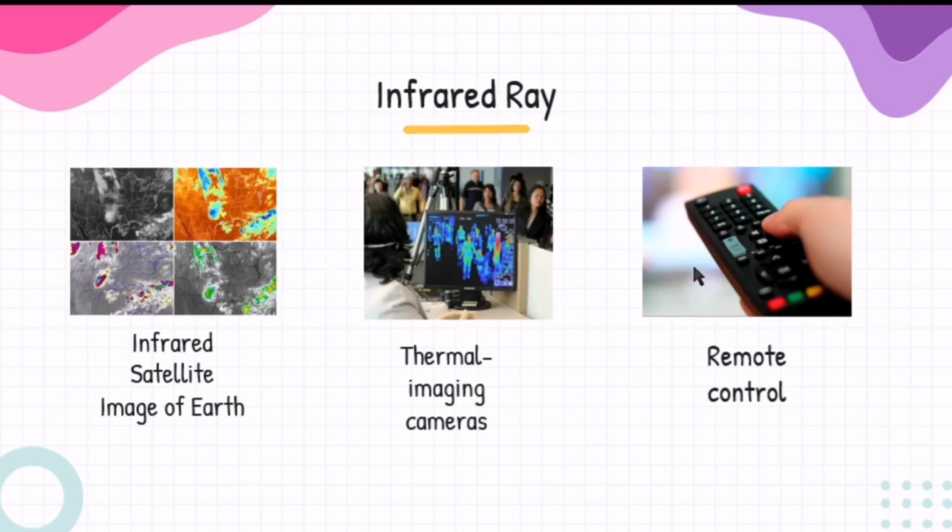Okay, next one is remote control. Ayan. We have here the remote control. Ginagamit natin yan para control sa TV shows natin, sa TV station. So, kapag pumindot kayo dyan, may iilaw dito sa part na to, sa side na to. Ayan.